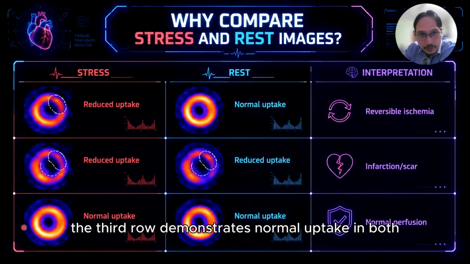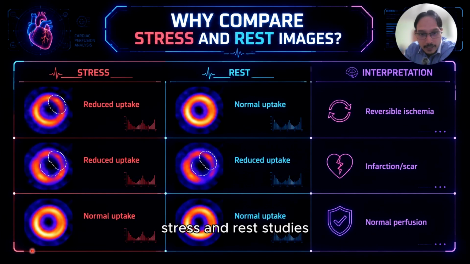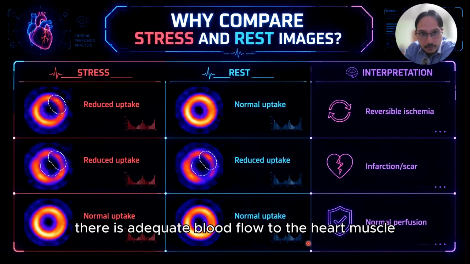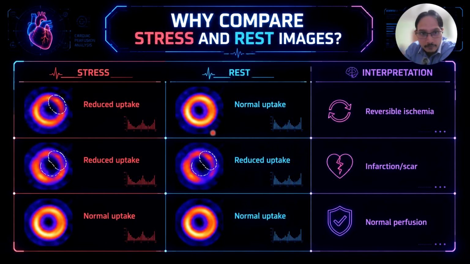Finally, the third row demonstrates normal uptake in both stress and rest studies. This indicates normal myocardial perfusion, meaning there is adequate blood flow to the heart muscle under both conditions.